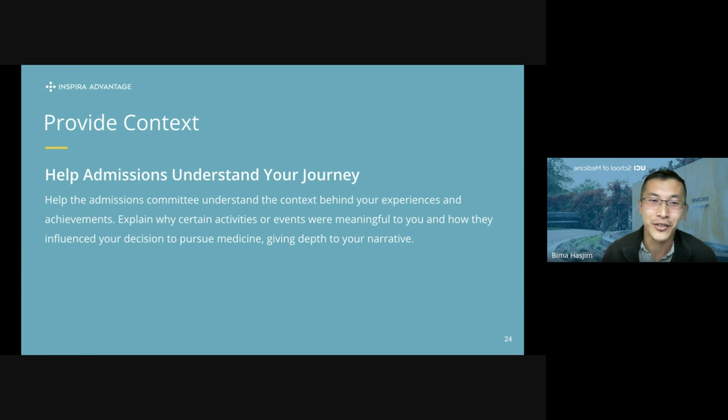And try to convey that to the reader, the admissions committee on the other side. We'll get to some of the tips and tricks later, but try to stay true to your true self, and you will inherently come off as really unique and an asset to any student body.